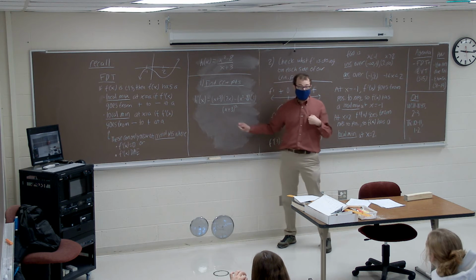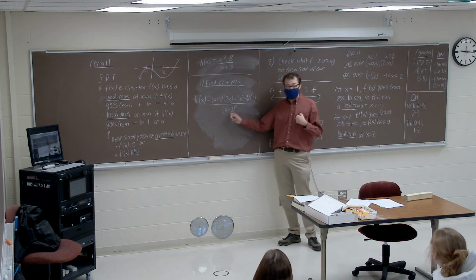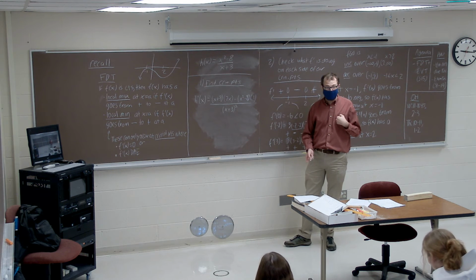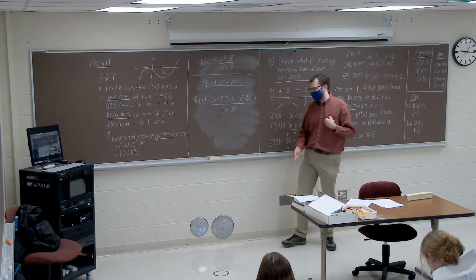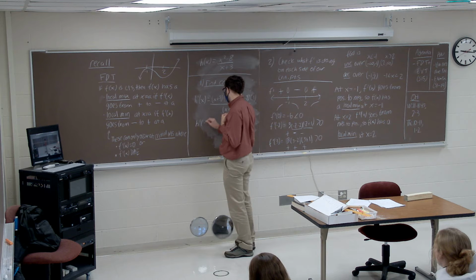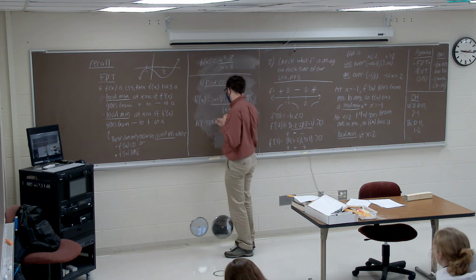Oh, so you're saying that if we plugged in -3, we get a 0 in the denominator, which would make the whole thing undefined? Avery, is that what you're going to say? Yeah. I would say h prime of -3 does not exist.